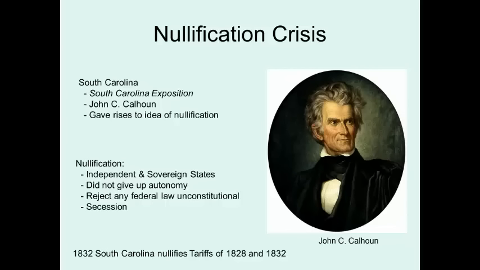Now, hinted here, deeper down, is this idea that if the state objected to what the federal government was doing, they could even in theory secede from the Union. But we're not going to go there for about 30 more years. So this is the idea behind nullification, that states were independent sovereign states. When they joined the federal government, they did not give up their autonomy, and that they could reject any federal law that they deemed unconstitutional and even maybe secede.